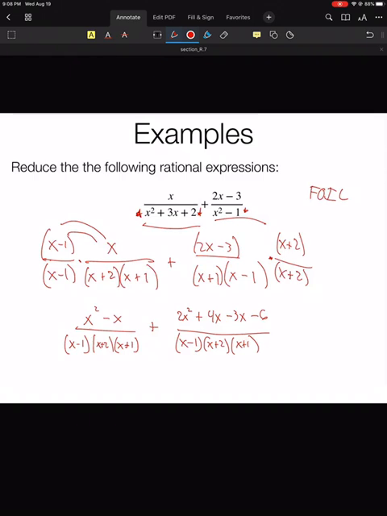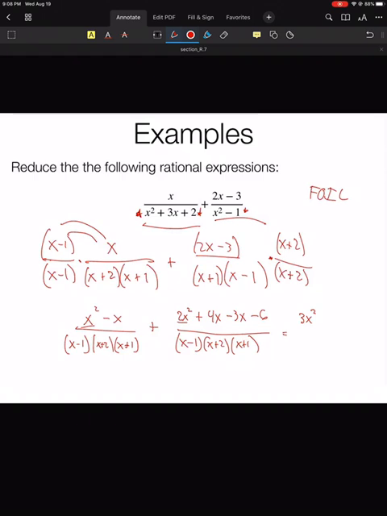All multiplied together. Great. Now, I need to combine like terms on the top. So, on the top, I get 2x squared plus x squared is 3x squared. 4x minus 3x is plus 1x. Minus x is 0.